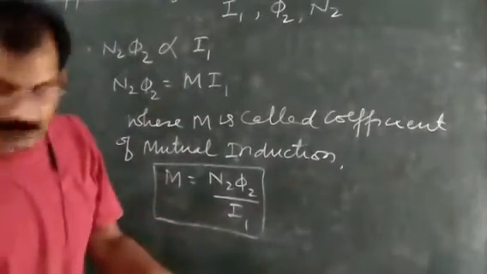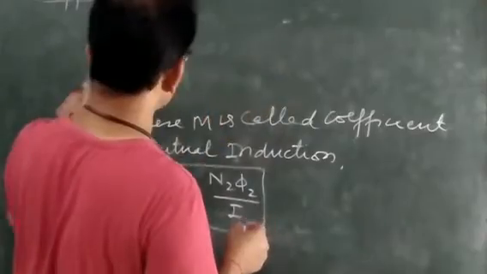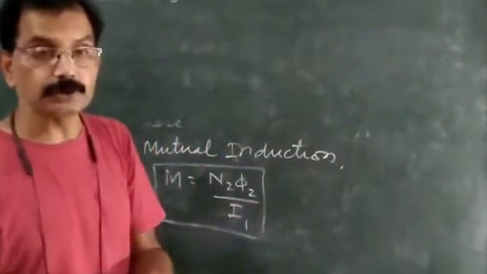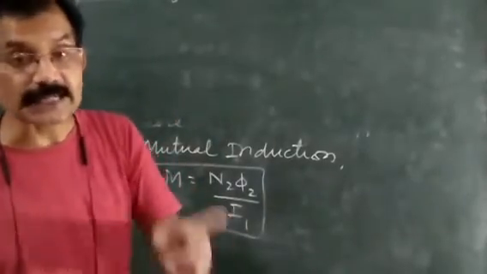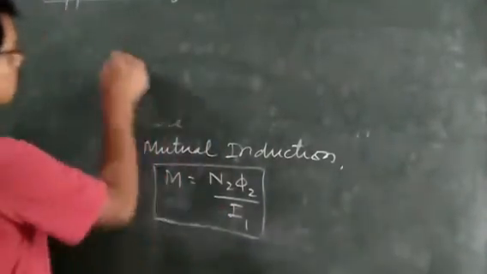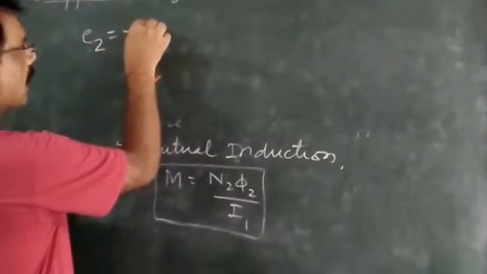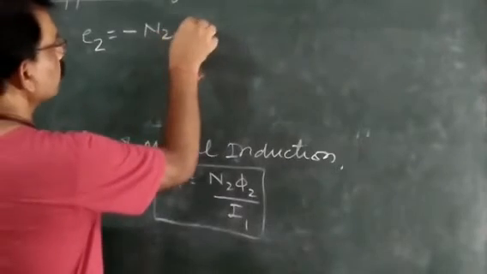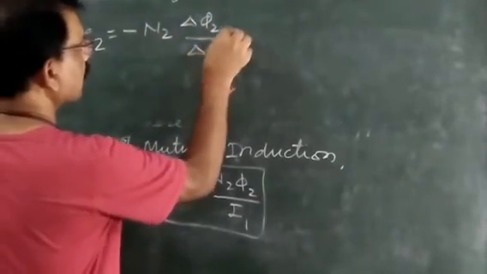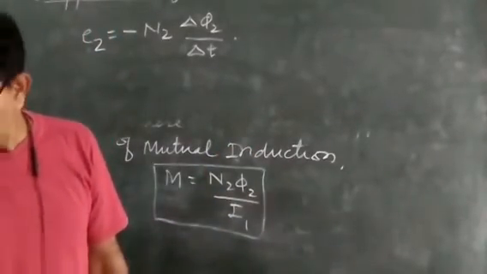But by Faraday's law, we can also find it through the induced EMF. अब बताइए induced EMF किसमें सेटअप हुआ है, सेकेंडरी कॉइल में. Then the induced EMF in the secondary coil is given by E2 is equal to minus N2 delta phi2 upon delta T. This is the induced EMF set up in the secondary coil.